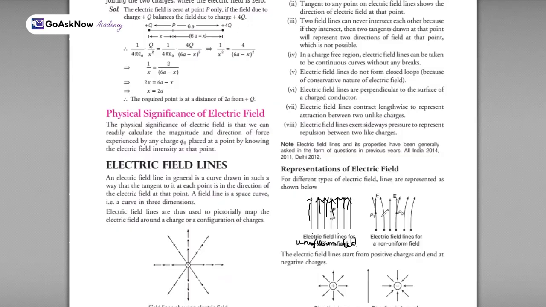So now electric field lines for a non-uniform field. If you have a non-uniform field, that is changing with space, meaning it will change in value and direction. So if you have a non-uniform field, then the electric field lines are wavered, like this, like this. They will not be parallel to each other, and the spacing between them will also not be uniform.